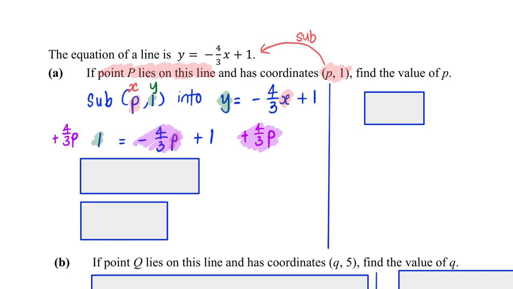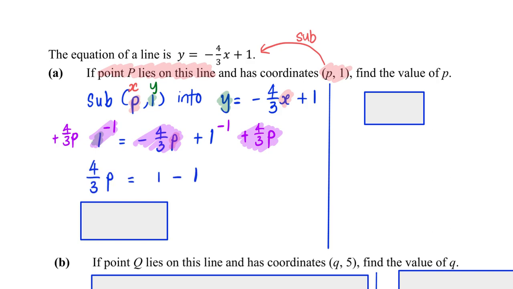I will also minus 1 on both sides, so that 1 minus 1 equals 0, and you will then see my next line as positive 4 over 3 P equals 1 minus 1.